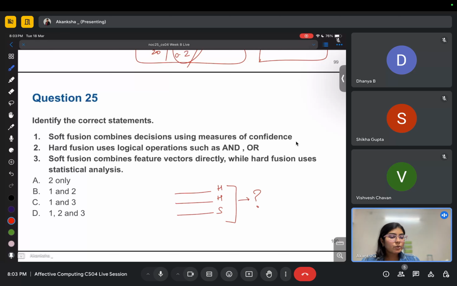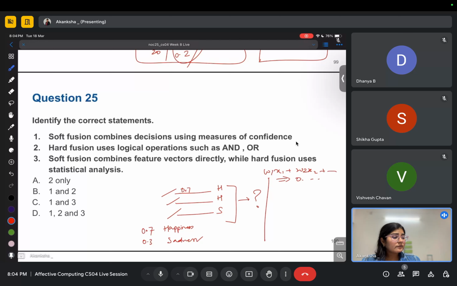So soft fusion, what it does is it assigns a confidence score. Let's say it will say 0.7 happiness, okay, and 0.3 sadness, maybe probability or some score like that. And hard fusion will, let's say, give some weightage to these different labels, okay. And then like w1 x1 plus w2 x2, so weighted summation can be done to obtain the final score, okay.